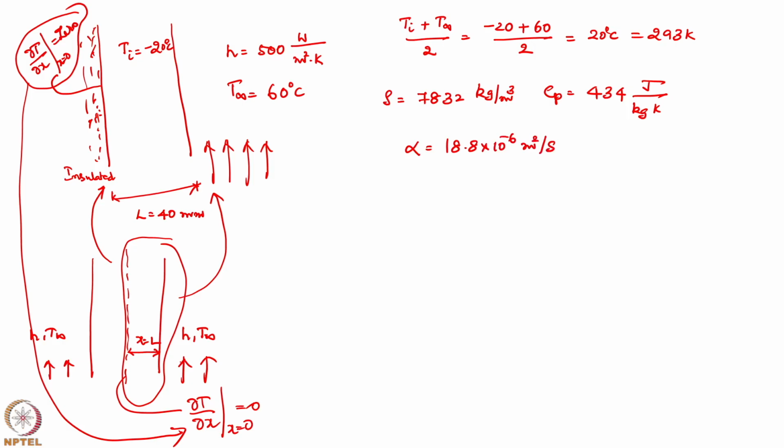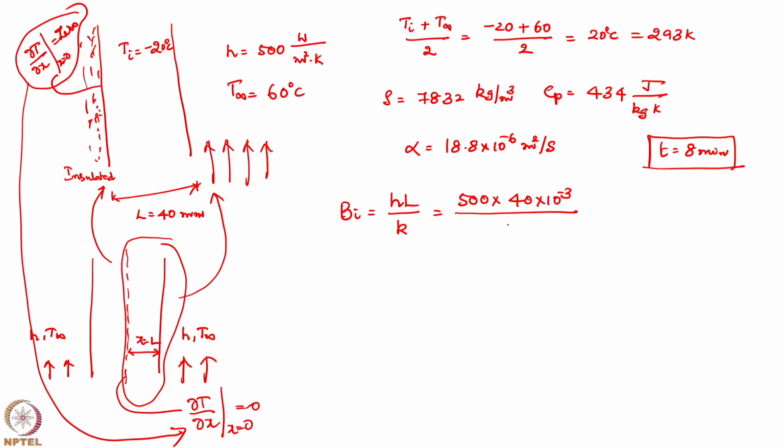Now the first thing I need to check, at time t equal to 8 minutes, is the Biot number. If the Biot number is very small, I can consider this as lumped, but let us just check. Biot number is hL by k. h is given as 500, L is 40 mm, that is 40 into 10 to the power of minus 3, and thermal conductivity is given as 63.9 watt per meter Kelvin.